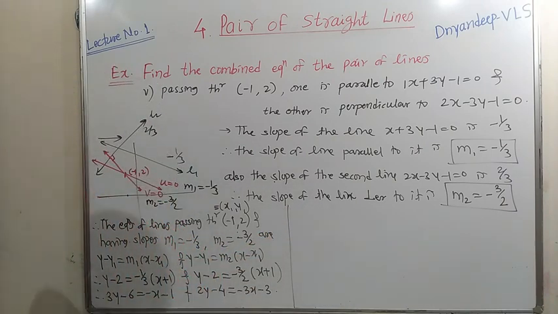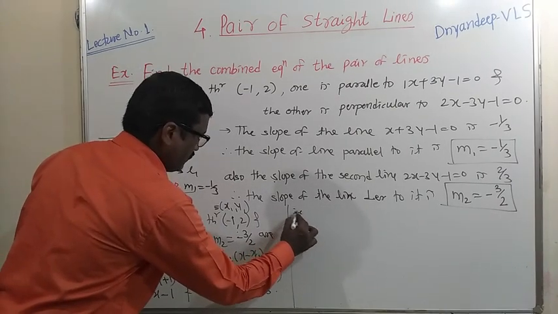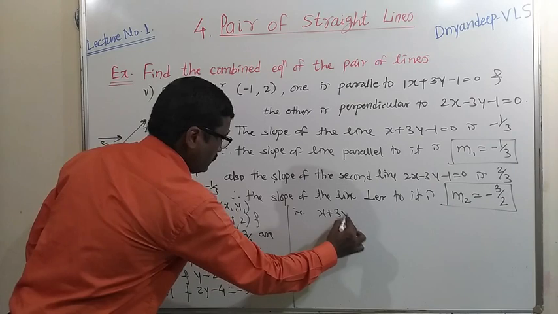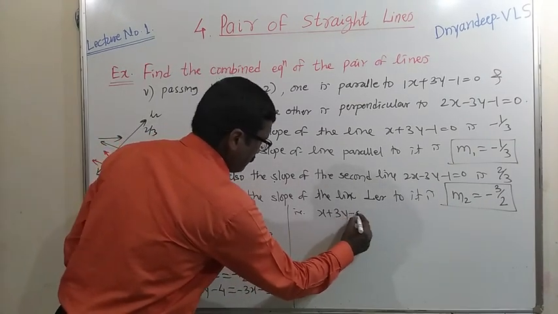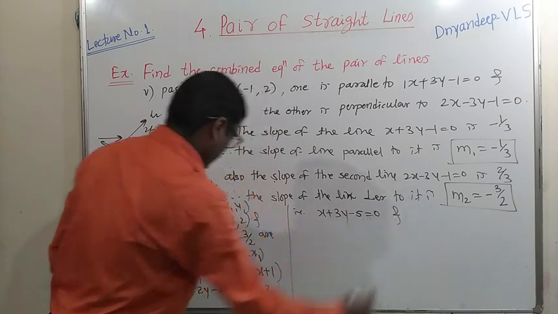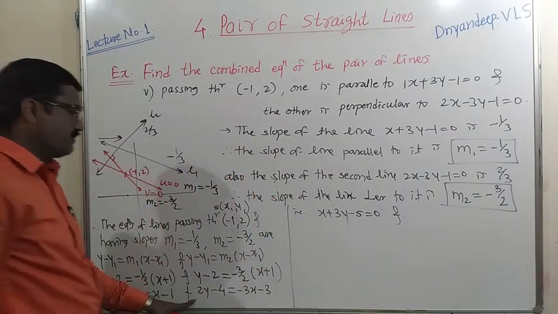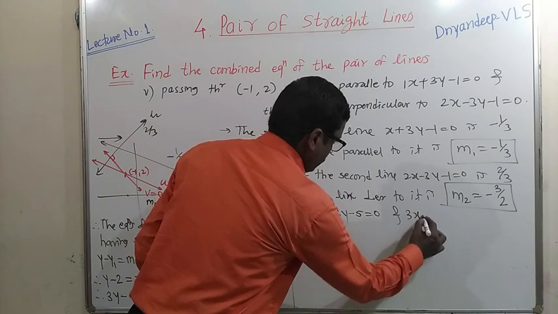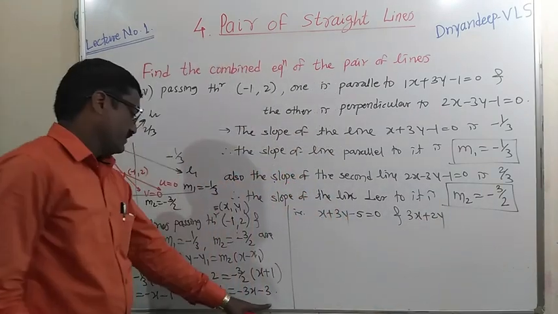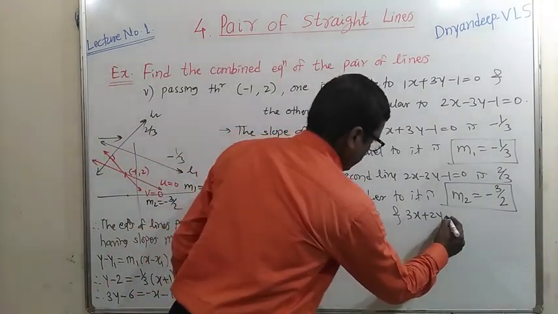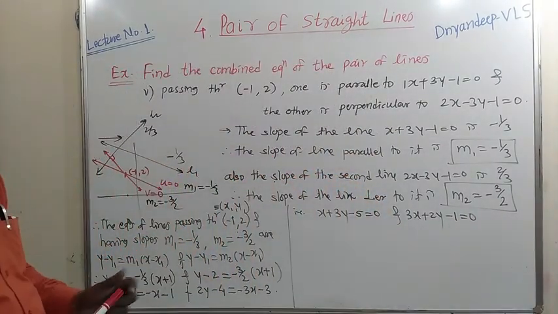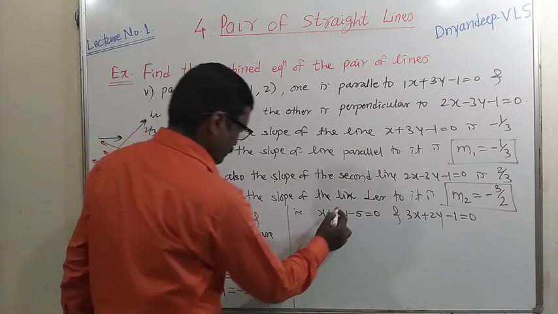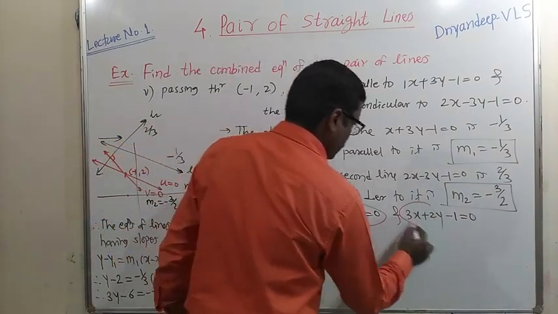That is, we get x plus 3y minus 5 equal to 0, and this gives us 3x plus 2y minus 1 equal to 0. Okay, so these are the separate equations of the given two lines.